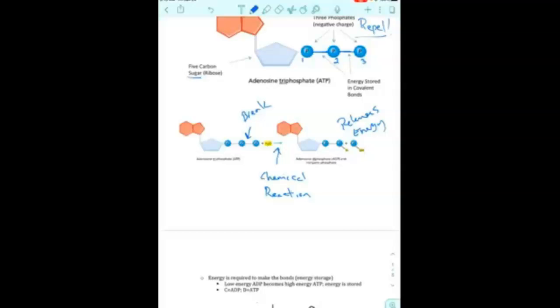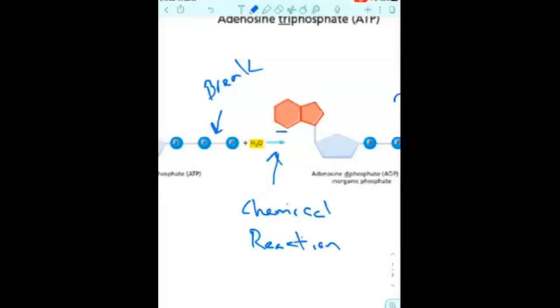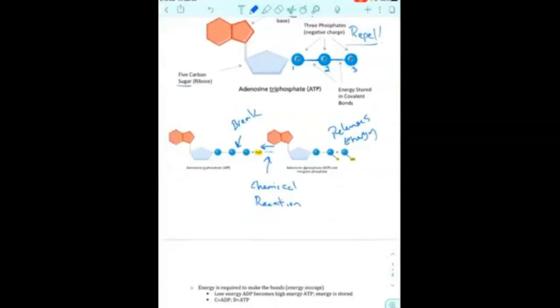Now here's an interesting thing about reactions. We didn't talk about this before, but chemical reactions oftentimes can be reversed, right? And so we can draw this arrow going to the left as well. It doesn't just go to the right, it goes to the left too.